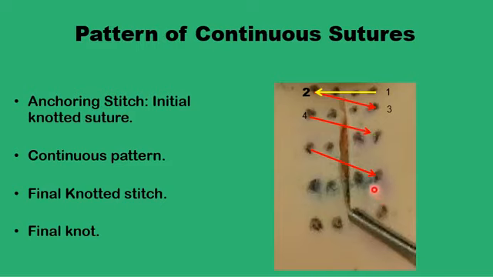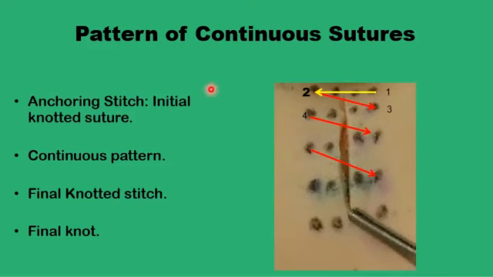And then the final stitch at the other apex of the wound, in which sometimes you would need to reverse the needle direction and work backwards so as to have a secure loop of suture at the apex, and then knotting that final stitch.